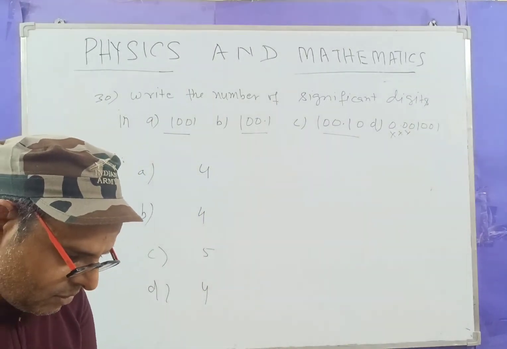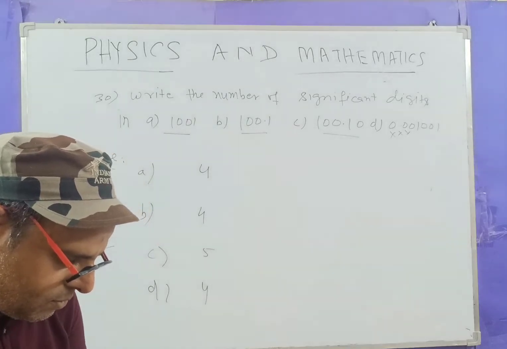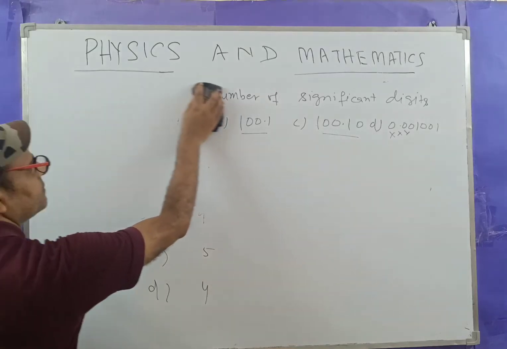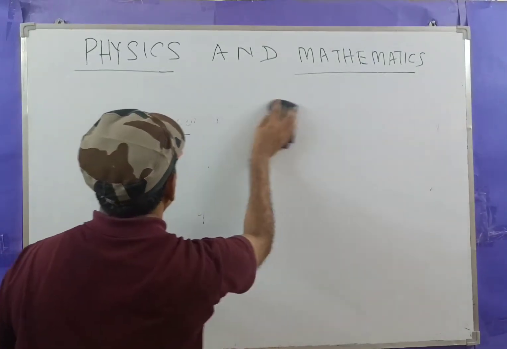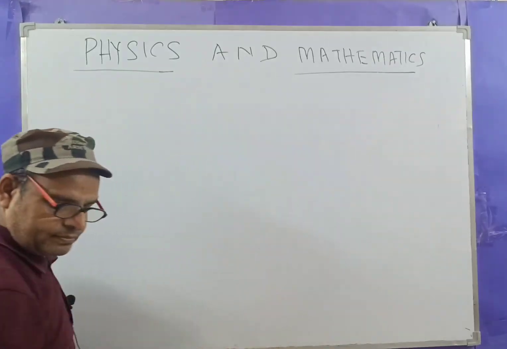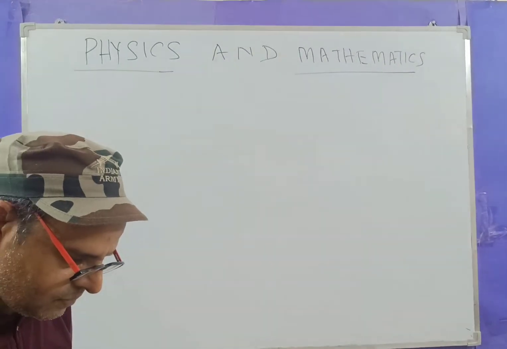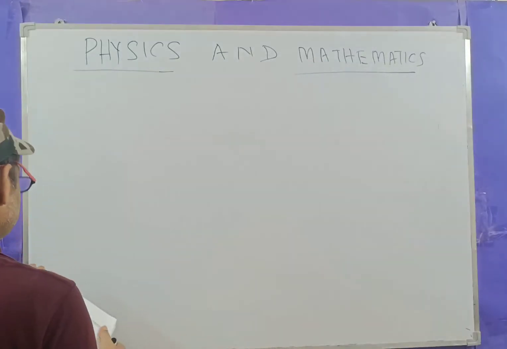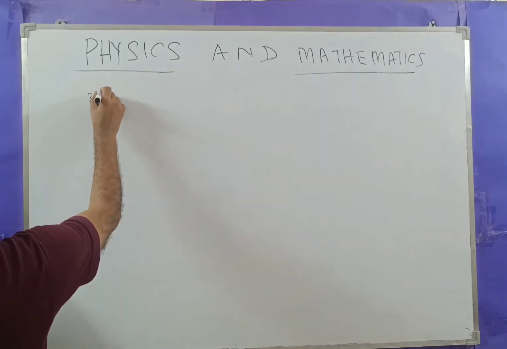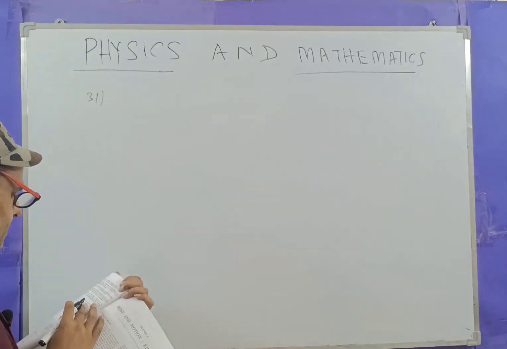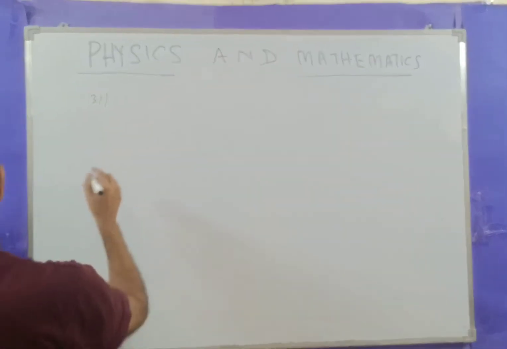So now let us move to question 31. Question 31 says, a meter scale is graduated at every millimeter.